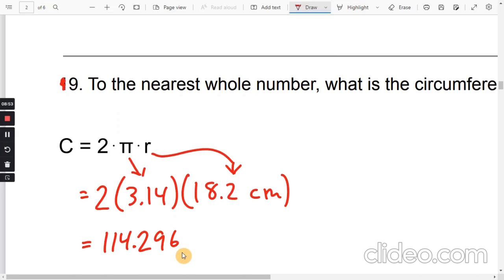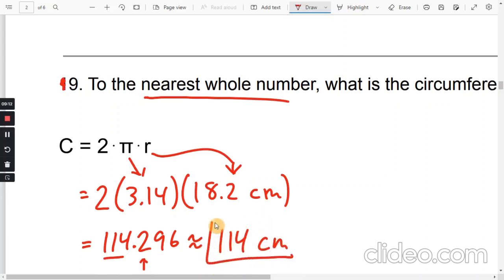In fact, it's more accurate, but nevertheless, it's about the same. And if you round to the nearest whole number, it will be the same. Okay, so you look at the first decimal. If it's less than 5, you round it down. That's going to be 114, and the units were in centimeters. So it's just multiplication and using the formula.